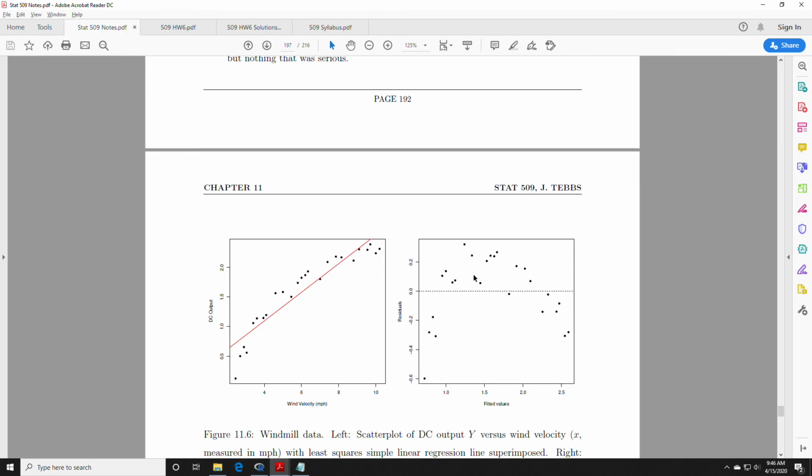It indicates that there's curvature in the true regression function that's not accounted for by the model. So this residual plot alone is indicating that we need a squared term in our model.